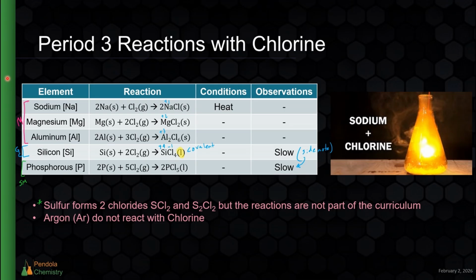Phosphorus is the last of the compounds we'll see here. Phosphorus reacts with chlorine to form PCl5, where the oxidation number for phosphorus is +5. So we see that pattern 1, 2, 3, 4, 5. And again, this is a covalent compound held together by covalent bonds. Now you might notice that there are 5 chlorines on this phosphorus.